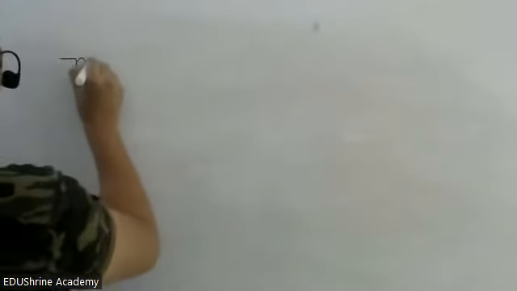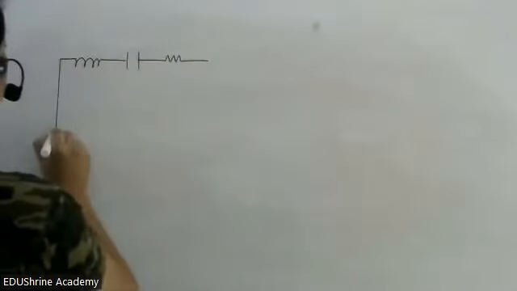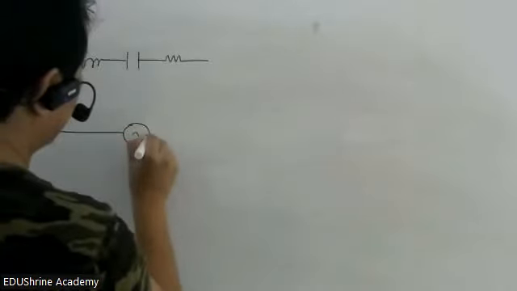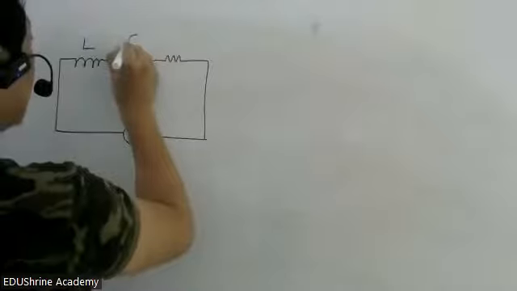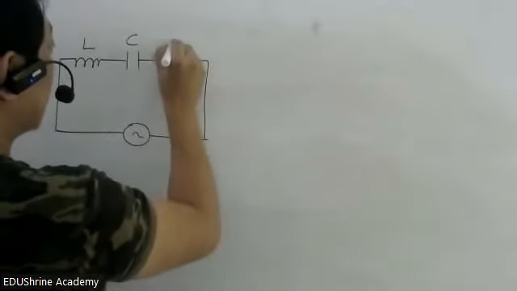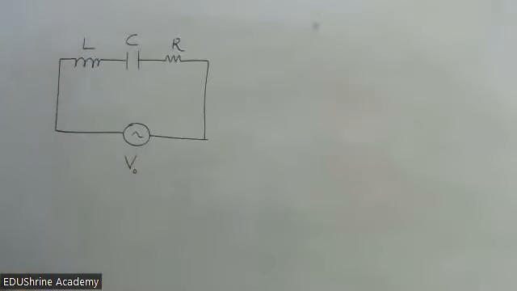So first let's draw a diagram. Inductor, capacitor, resistor in series with AC source. Inductor has inductance, capacitor has capacitance, resistor has resistance. Applied voltage peak value is V naught.